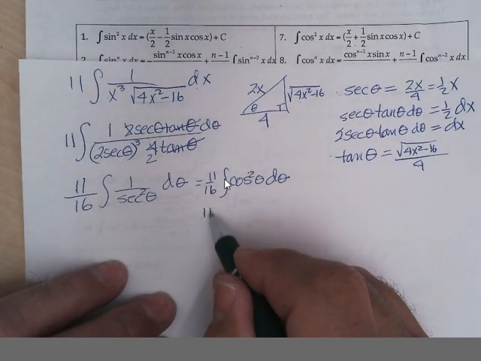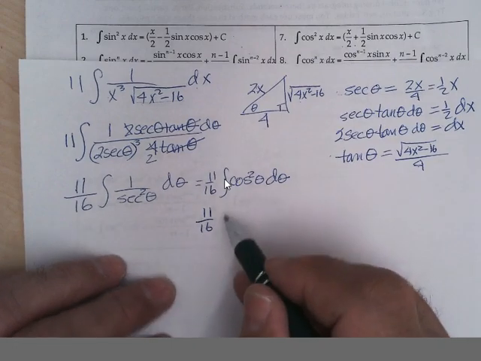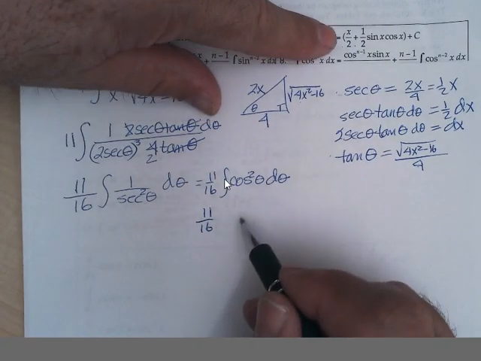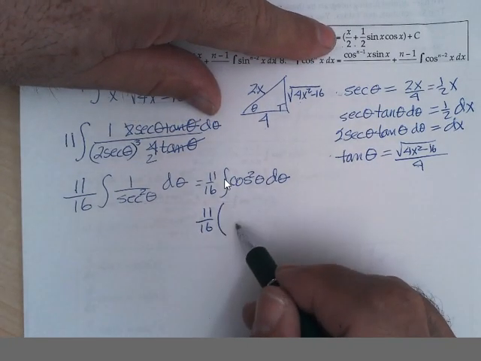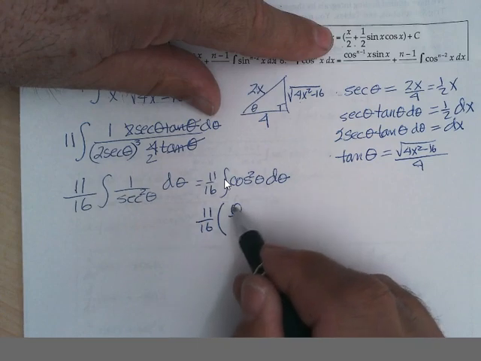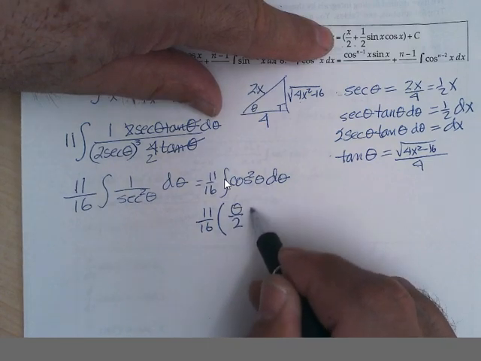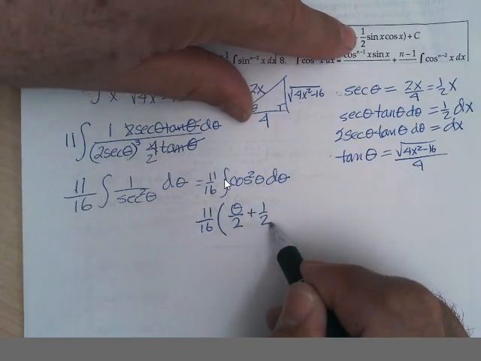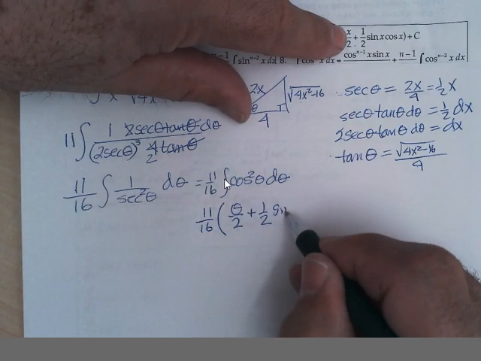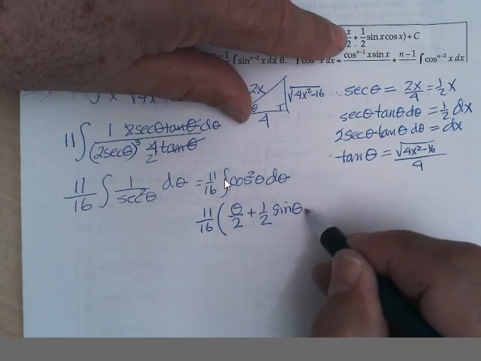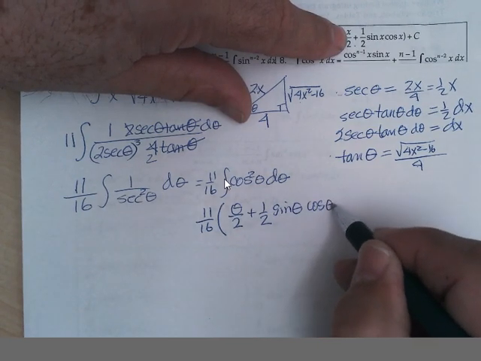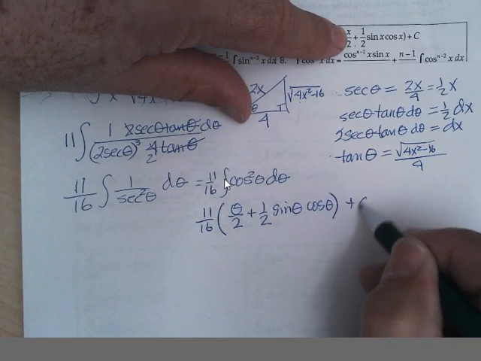It's going to be 11/16, cosine squared is theta over 2 plus 1/2 sine theta cosine theta plus c.